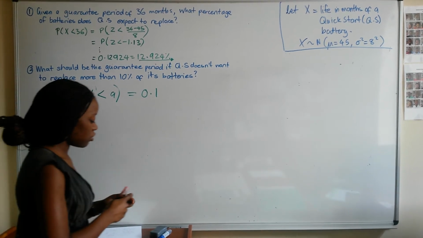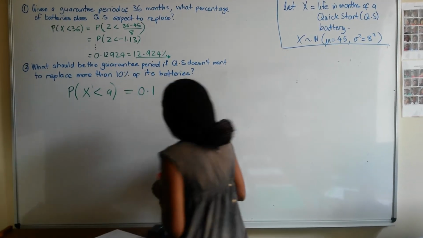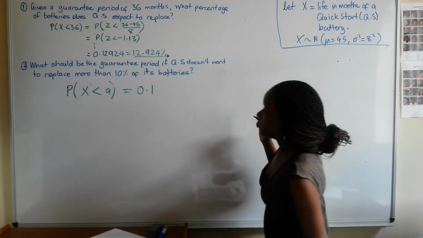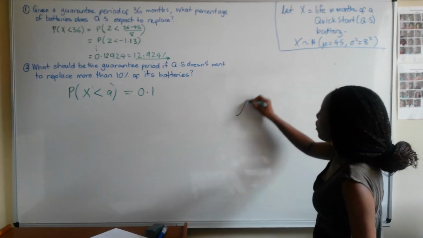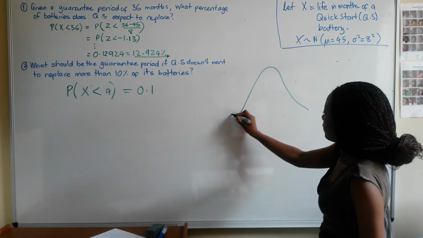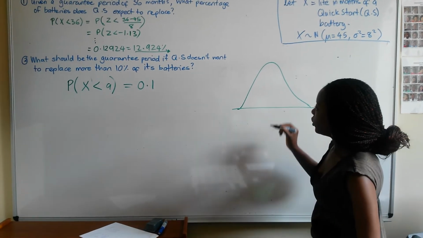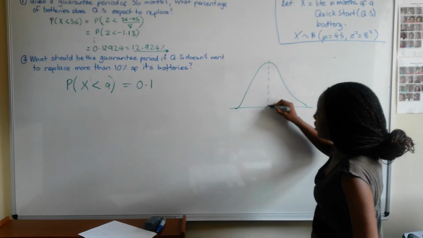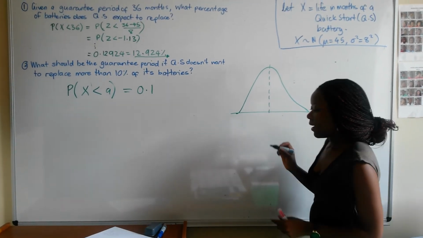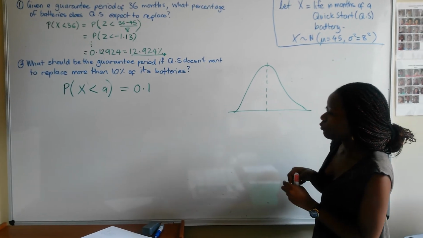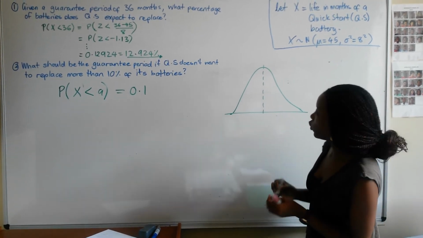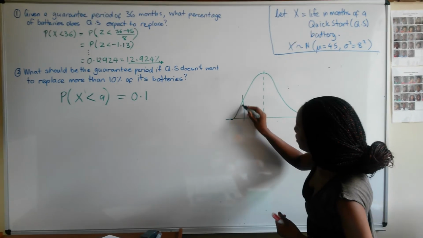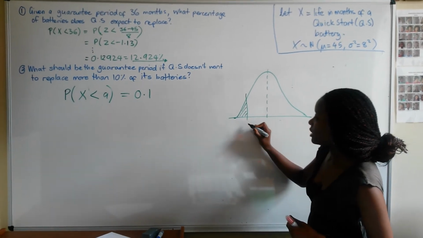Now, if we draw our graph, we know that this is a symmetric normal graph. For us to have an area of 0.1, we have to be in that tail, okay?